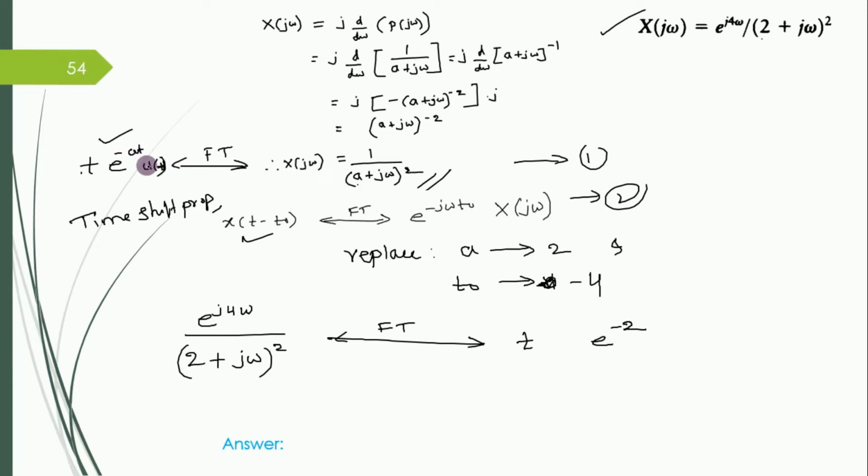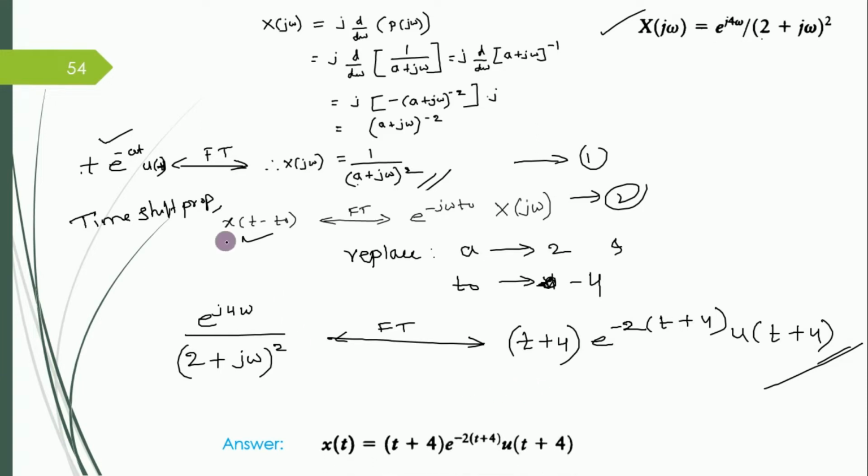In place of t, I write t minus t naught, t minus of minus 4. T minus of minus 4 is t plus 4. In place of u of t, u of t plus 4. That's it. We used 1 and 2, and we could find the inverse Fourier transform of this complicated frequency domain signal in very easy steps by using the Fourier transform properties.